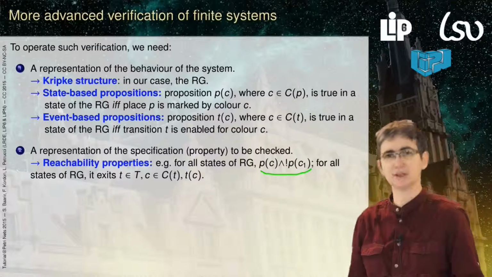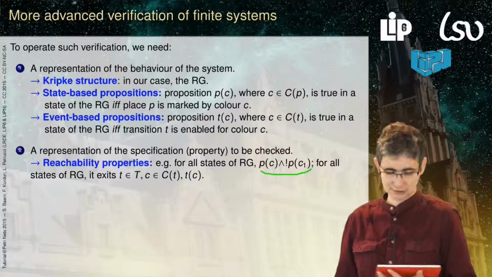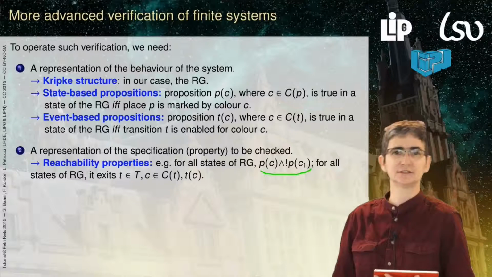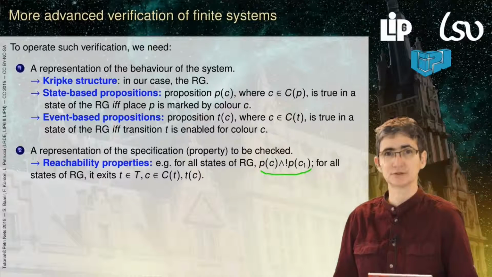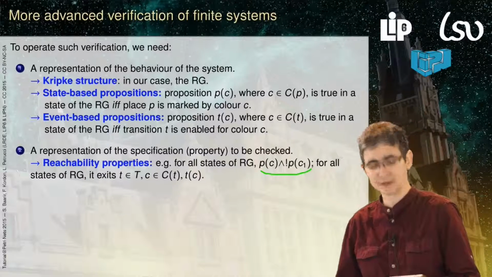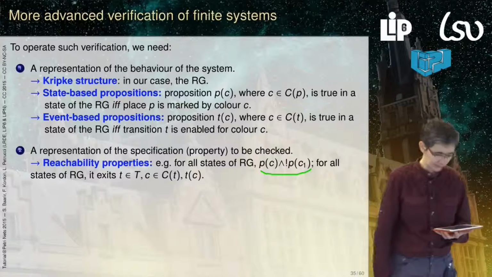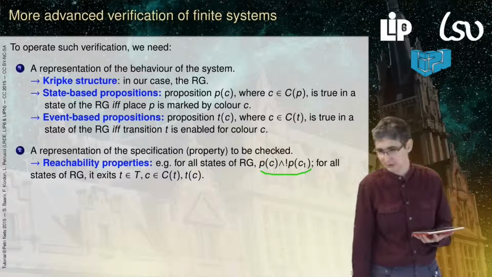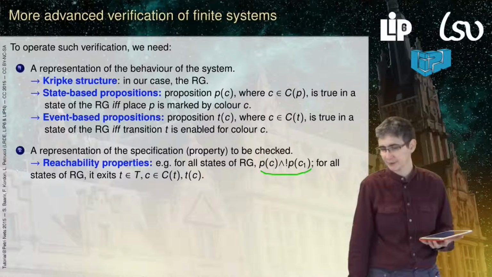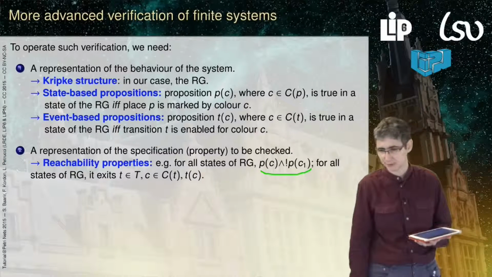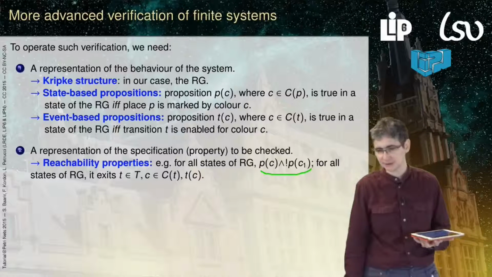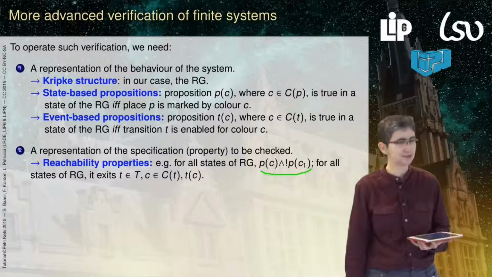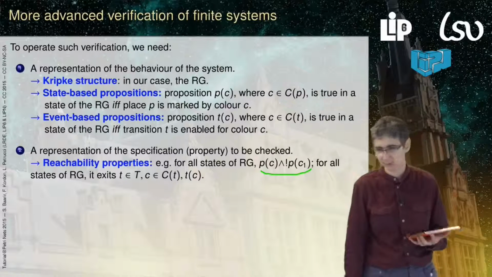That says place P contains token C, but doesn't contain token C1. So that is a way of expressing the properties. You could have another reachability property, such as for all states of the reachability graph, there exists a transition T and a color C, such that T can be fired with color C.